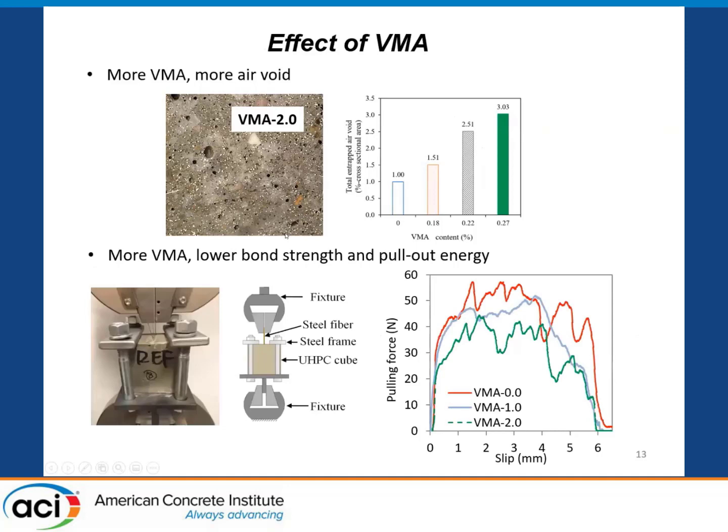And also, as the post-cracking behavior of the UHPC is highly dependent on the bonding properties between the steel fibers and the matrix, based on our pull-out testing, we found that if you add 2% VMA, there's too much VMA, and the bonding properties between those two are significantly reduced.